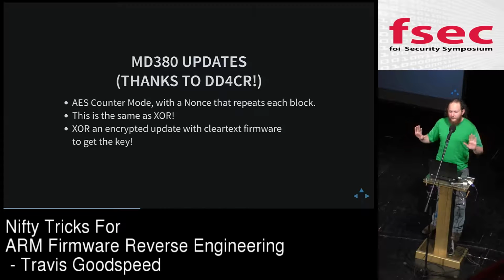And you could just XOR the firmware update with the clear text firmware in order to get a copy of the XOR string that they were obfuscating the firmware with. And then you were able to encrypt and decrypt firmware. So you can now take any firmware update and you can go back to the clear text firmware image, change it, and then write it back as a regular firmware update to be installed with the regular Windows software.